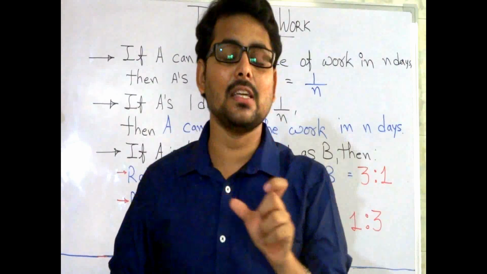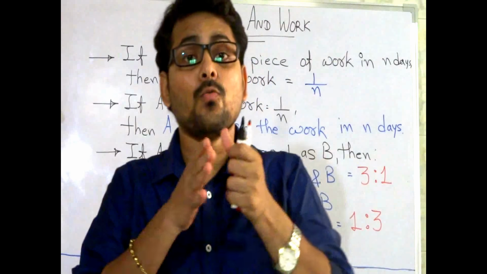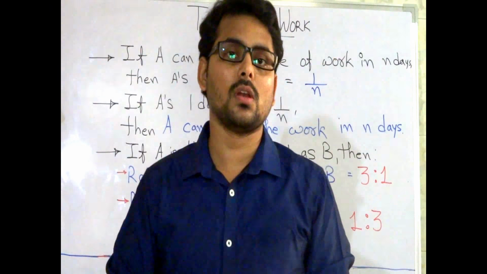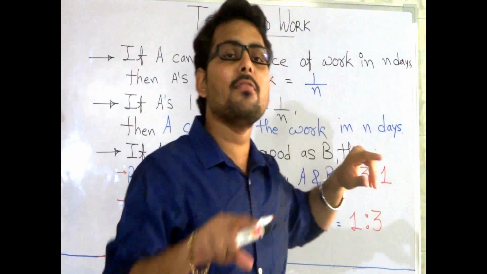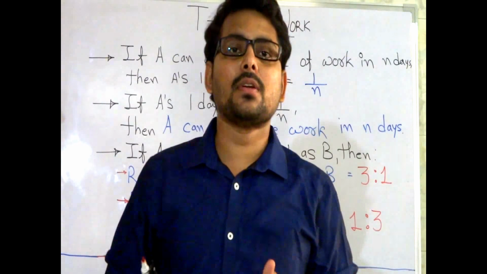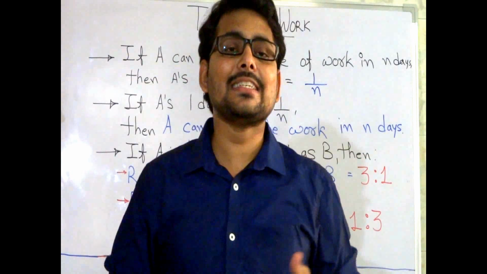So you have to remember that work and time are inversely proportional. If he is doing some work in n days, then 1 day work is 1 by n. If he is reading 9 chapters in, say, 3 days, then in 1 day he is reading 1 by 3.